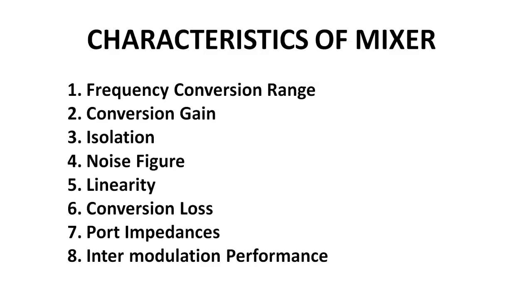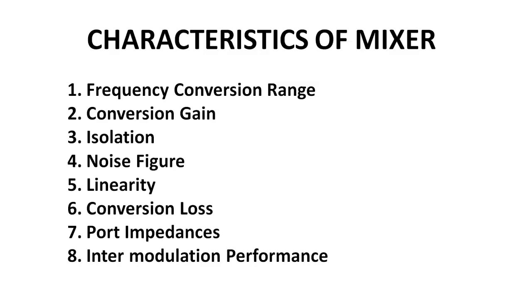Next, isolation. Isolation is a measure of how well the input and output ports of a mixer are isolated from each other. Next, noise figure. The noise figure of a mixer indicates how much additional noise the mixer contributes to the signal. A low noise figure is desirable for maintaining signal quality and sensitivity in the receiver.